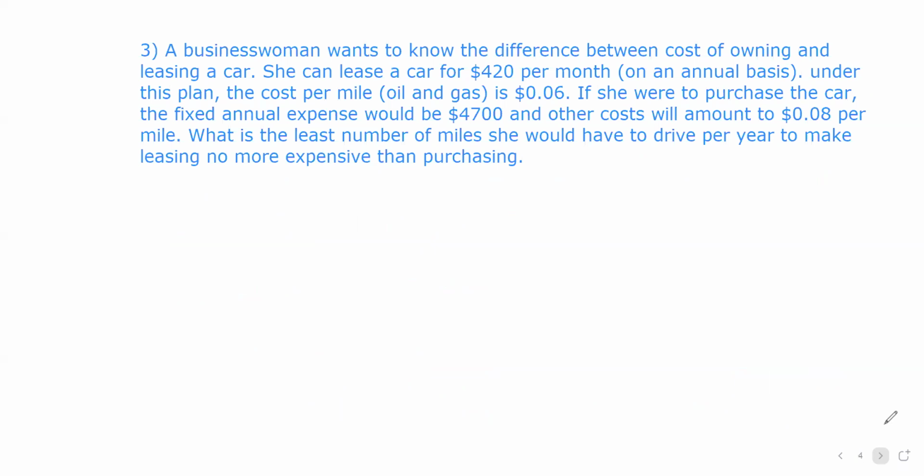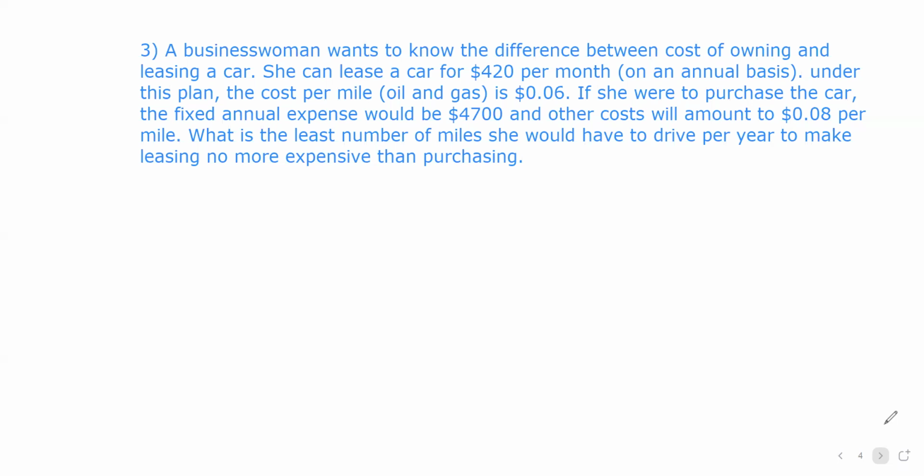Now let's look at this third one. It's about the same thing, but this time we are looking at the cost of 2 different options. A businesswoman wants to know the difference between the cost of owning and leasing a car. She can lease a car for $420 per month on an annual basis.